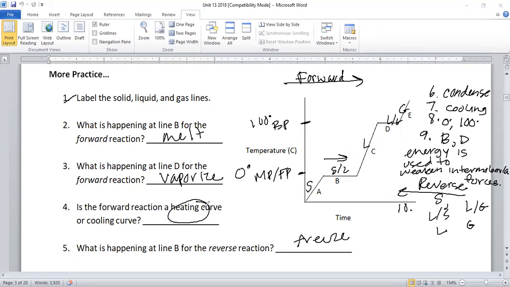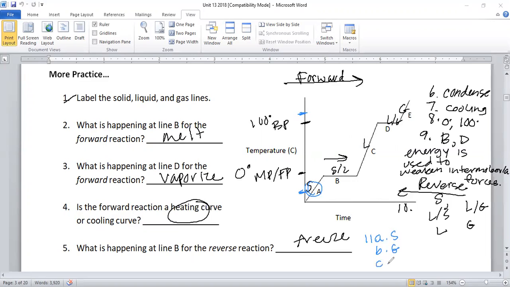All right, 11. Which phase of matter is represented at negative 200? If we're at negative 200, we are right here. We are at a solid. So 11A is solid. B, if you're at 105, you're up here, so that is gas.